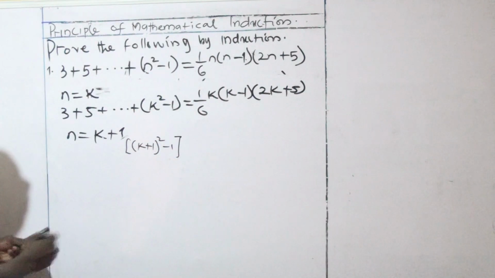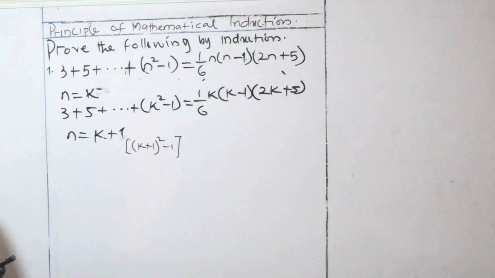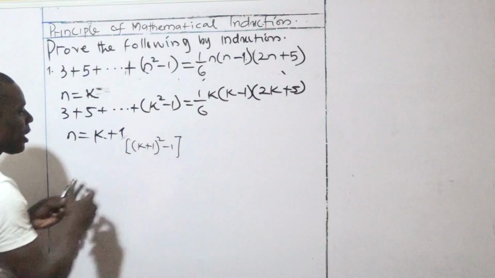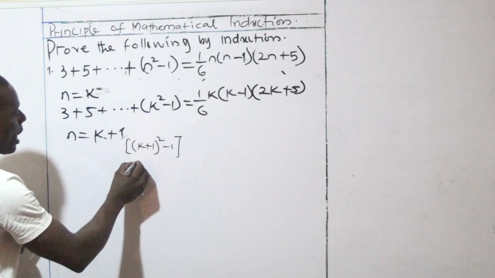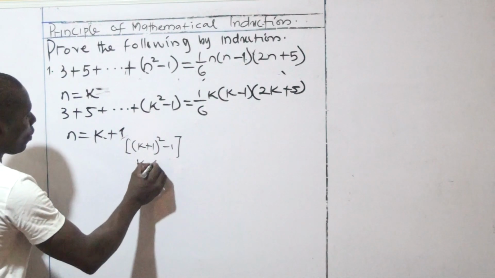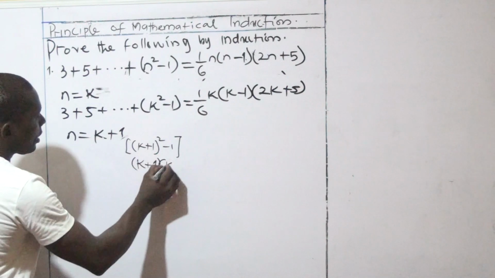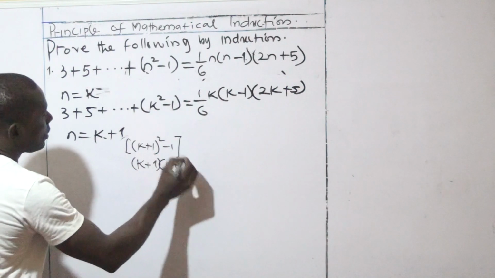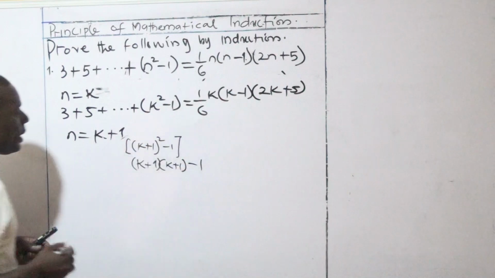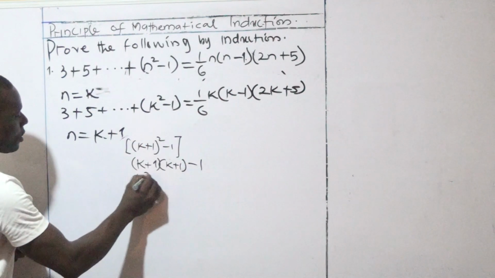So first, that's what we do here. Let us now open this bracket. If we open this bracket, we are saying (k plus 1)(k plus 1) minus this one here. So k times k, we have k squared.